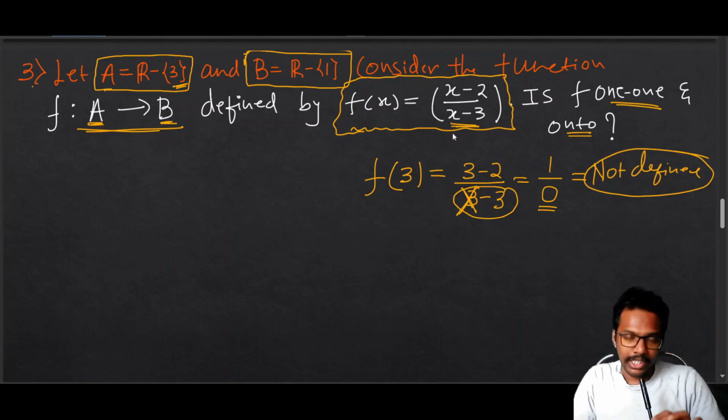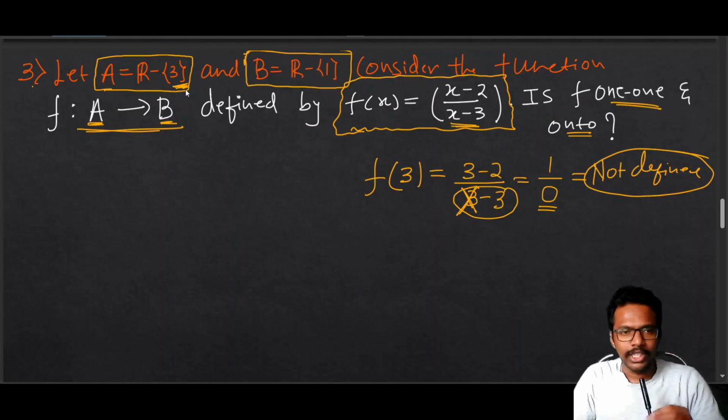So our main intention is that we should not put 3 here. That means there should be no 3 present in the domain. For the sake of defining the function, they have removed 3 from the real numbers.